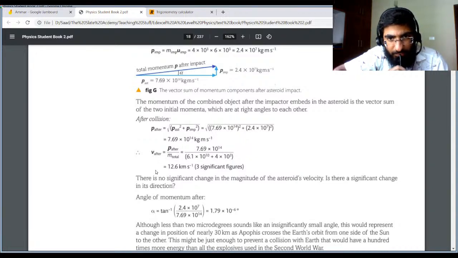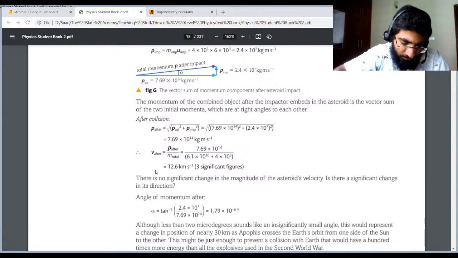Wait. If I am given, okay. So this is horizontal.